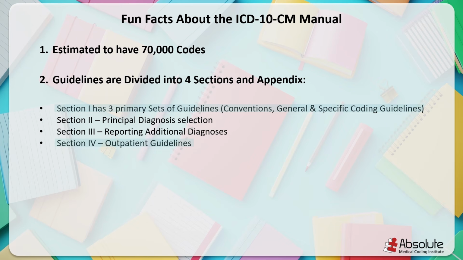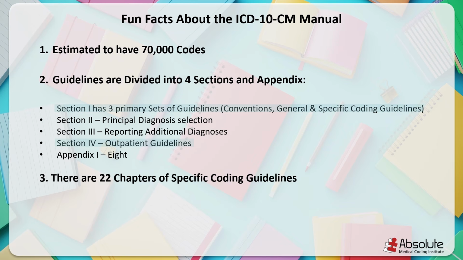Section 4, this is the outpatient guidelines. This is where professional coders and outpatient facilities find their guidance. Also, you've got appendices. There are 8 of them. There are guidelines in there as well. And there are 22 chapters of specific coding guidelines.